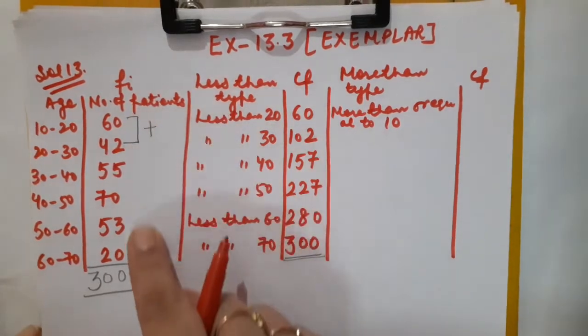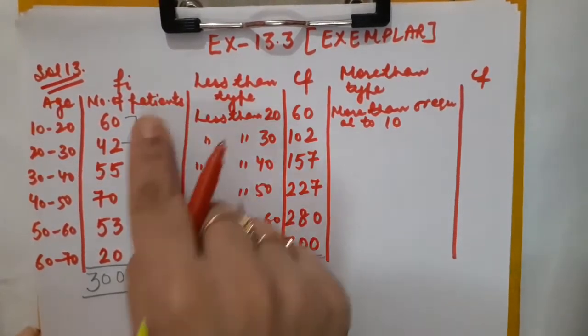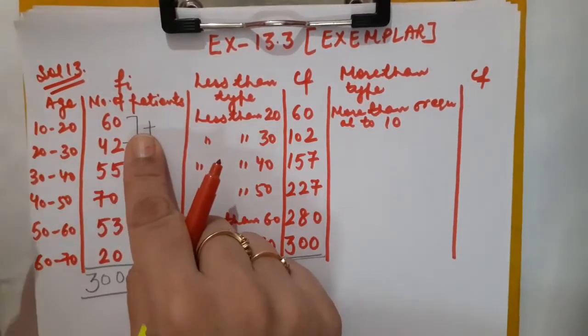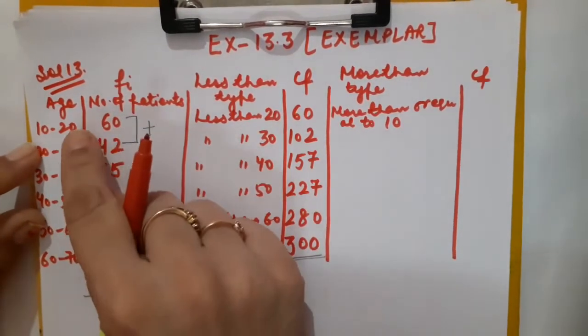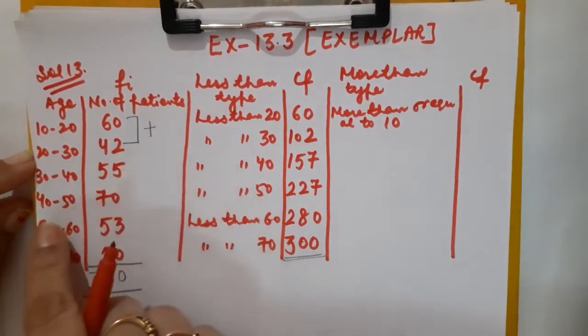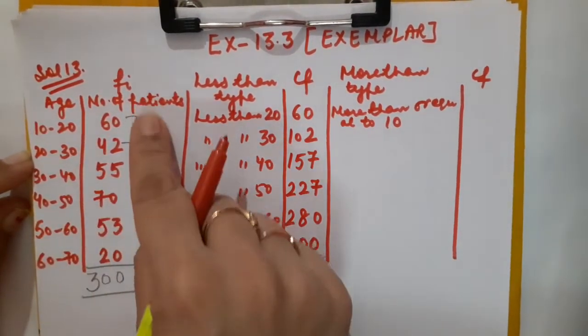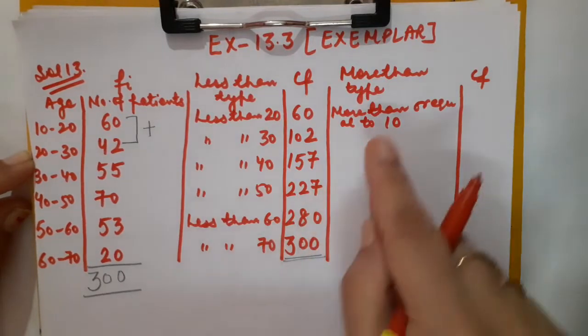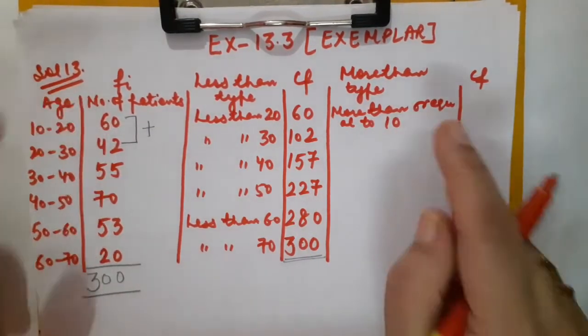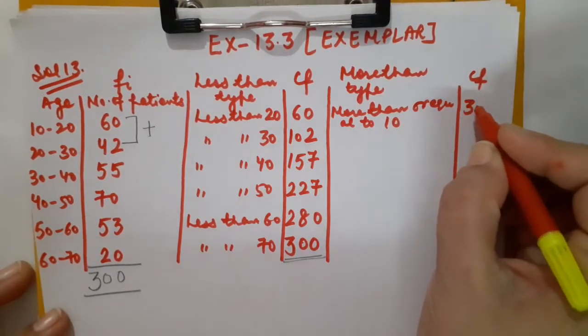So in more than 10 you are going to include the ages of 20 years, 30 years, 40, 45, 60, 65, 70, means all of them you are going to include in more than or equal to 10. Correct? So what is the total summation? That is equal to 300.